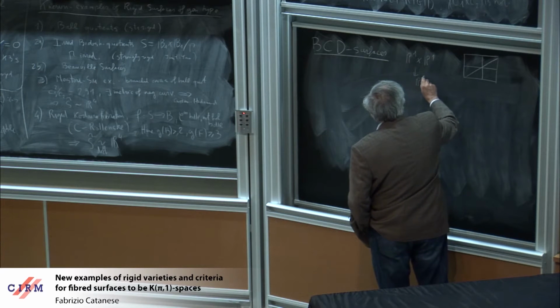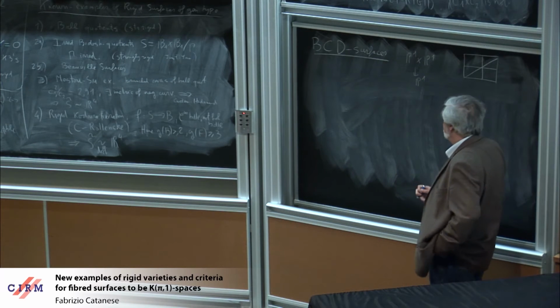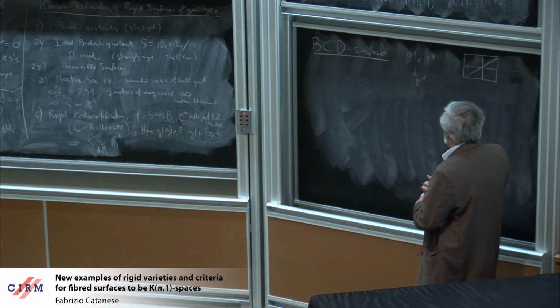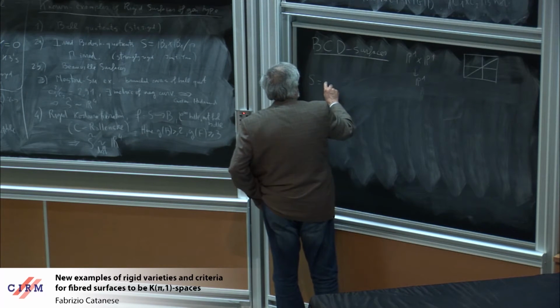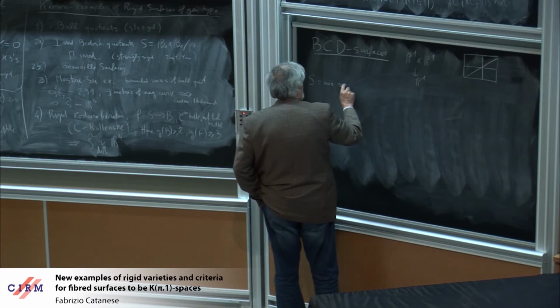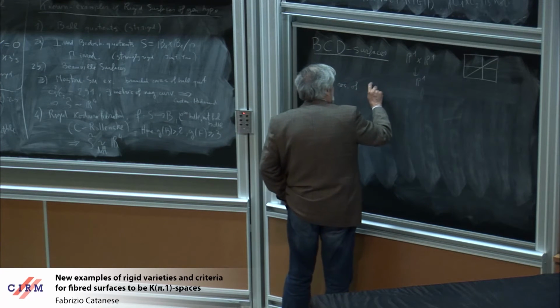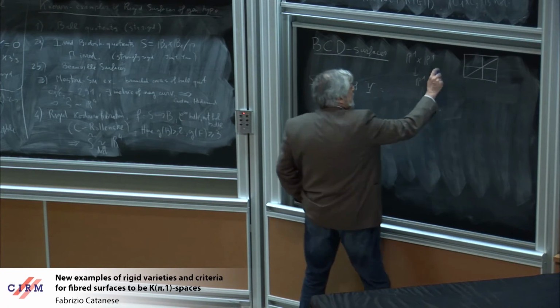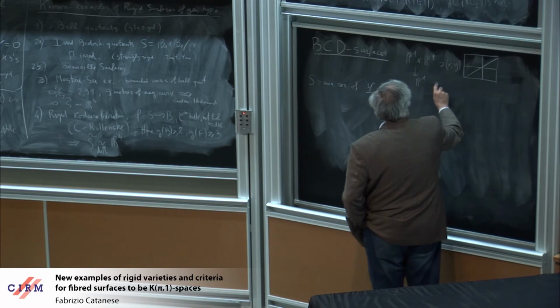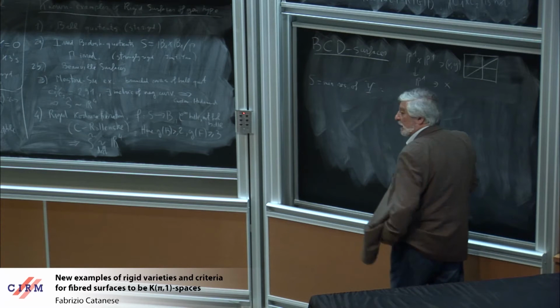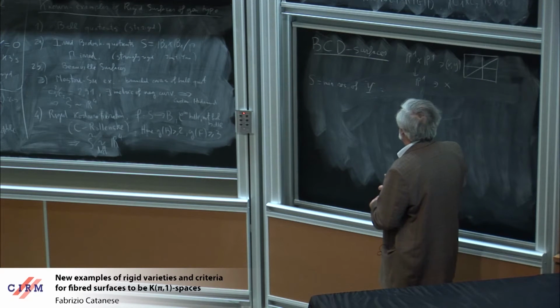This has a projection to P1. And then I take S to be the minimal resolution of Y. Here I take coordinates x, y, here I take coordinate x. And now I take a Galois cover.